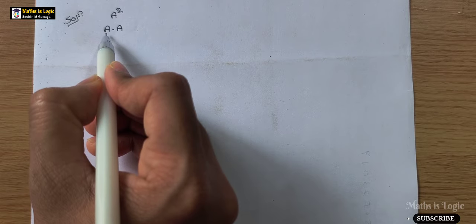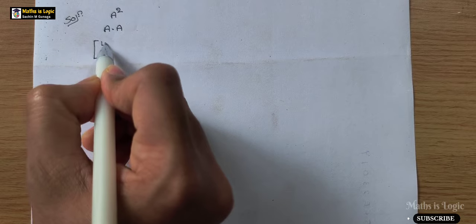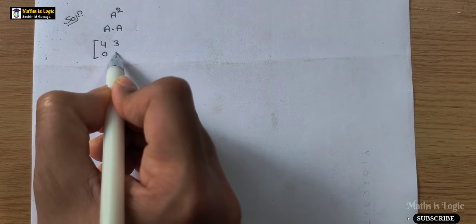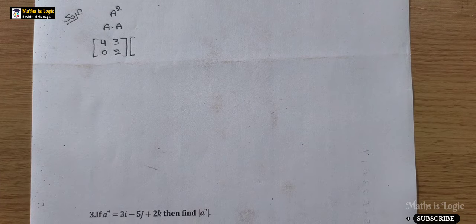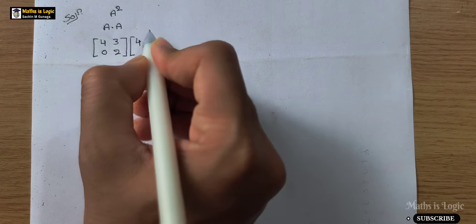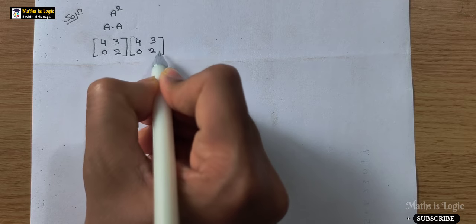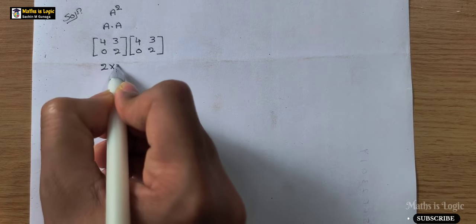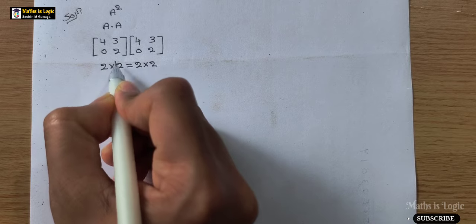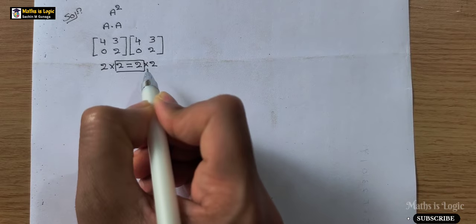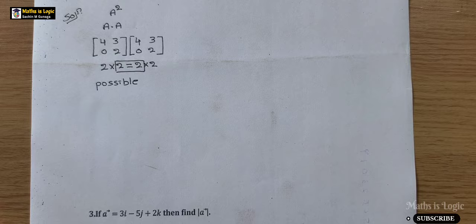First, write the A matrix value: A, that is 4 3 0 2, into again the A matrix 4 3 0 2. The order of this matrix is 2 cross 2, and the order of this matrix is also 2 cross 2. Therefore these two are the same, so matrix multiplication is possible.